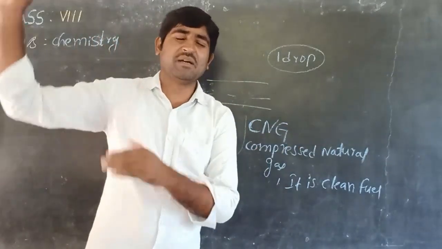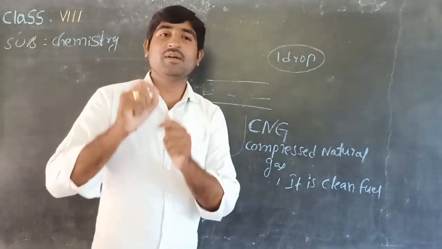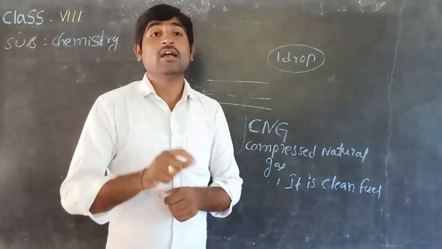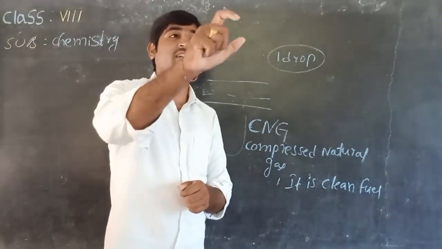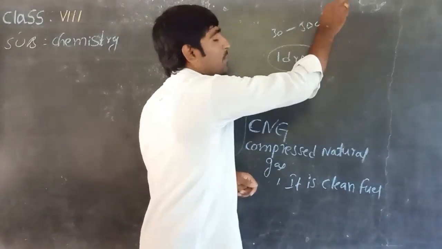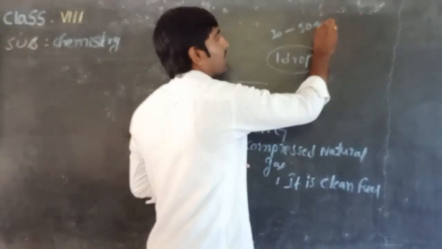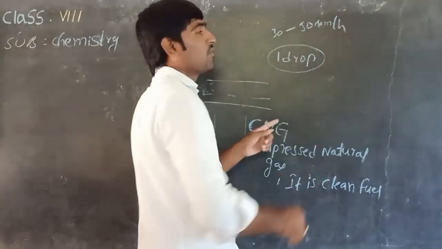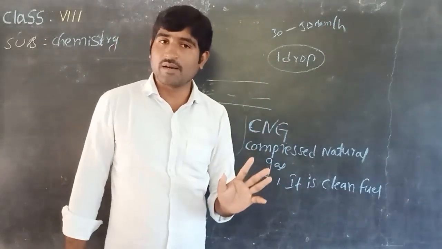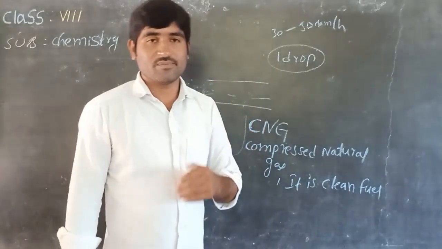Don't go at more speed and don't go at less speed. In the speedometer, they have given a certain range in green color. Drive your vehicle in that range, between 30 to 50 km per hour. If you drive at that constant moderate speed, it does not consume much fuel.